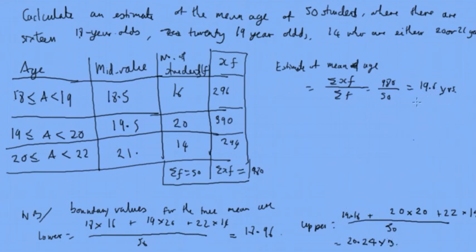So this is our estimate of our mean. This is the lowest possible value of the mean, and this is the highest possible value of the mean. So I hope that makes sense.